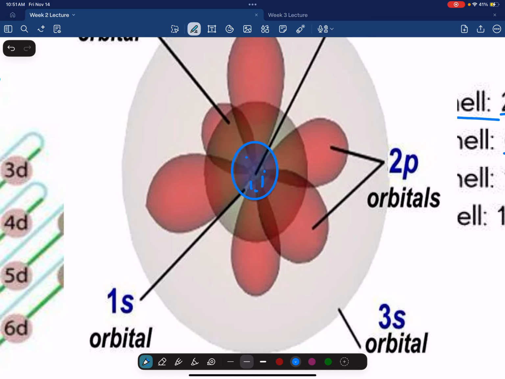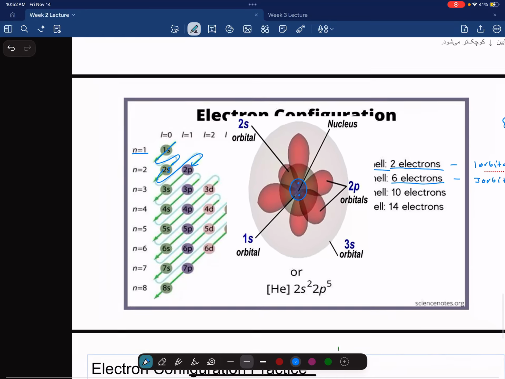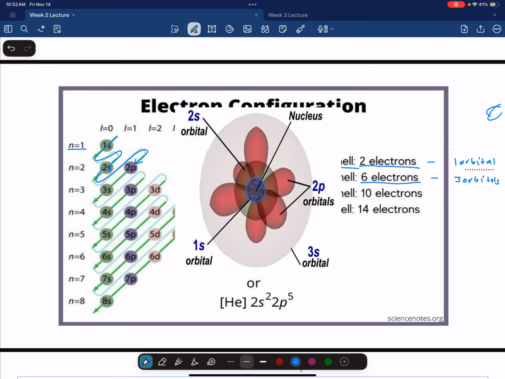There are only 2 electrons around here, but they can be found anywhere over here. The places where they're most likely to be found are called orbitals. So let's say it's here and here. That represents our first shell, which has 2 electrons, and that's our first energy level.